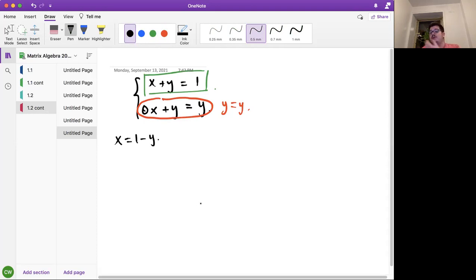Okay, so if we want to use this notion of free variables, first of all, x can be anything, right? Or so let's start with y. y can be anything, right? So let's let alpha equal y. Can x be anything?